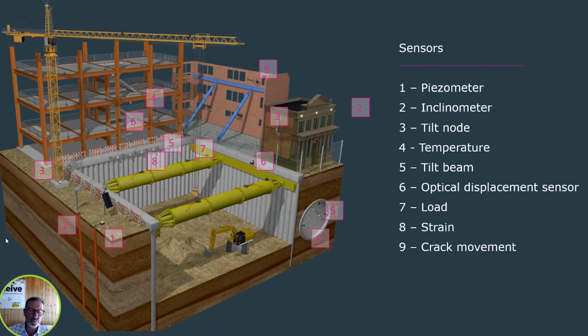We've got equipment to monitor temperature, tilt beams where a number of tilt sensors are installed onto a beam, an optical displacement sensor located over here on the side of the pit here. We've got gauges measuring load and strain and instruments looking at crack movement. So quite a range of different data types are being harvested from this one site.